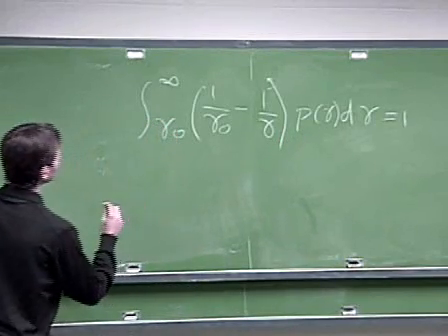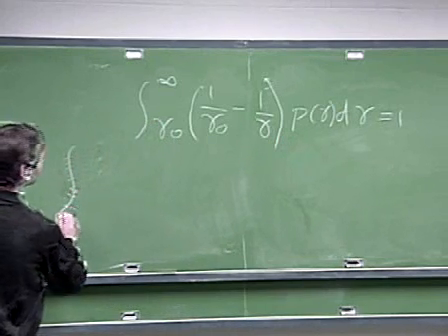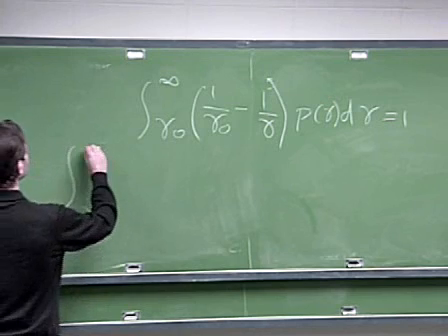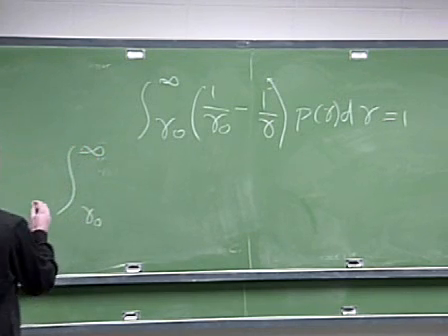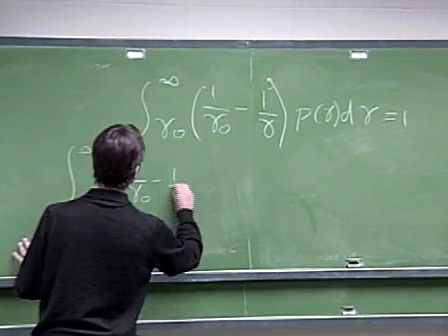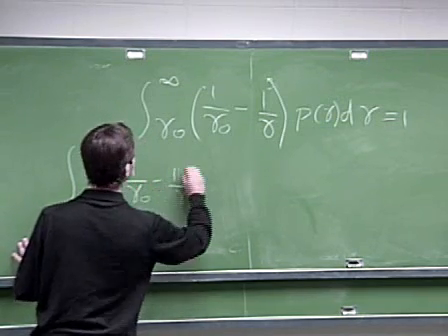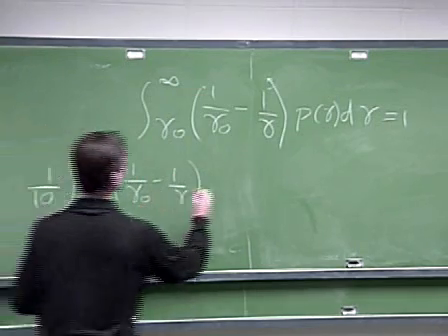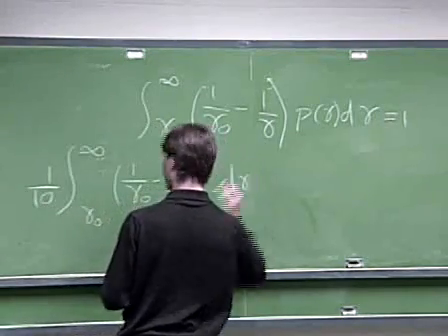Okay? So now, most of you did the following. Okay, this is integral from gamma 0 to infinity of 1 over gamma 0 minus 1 over gamma times 1 over 10 d gamma.